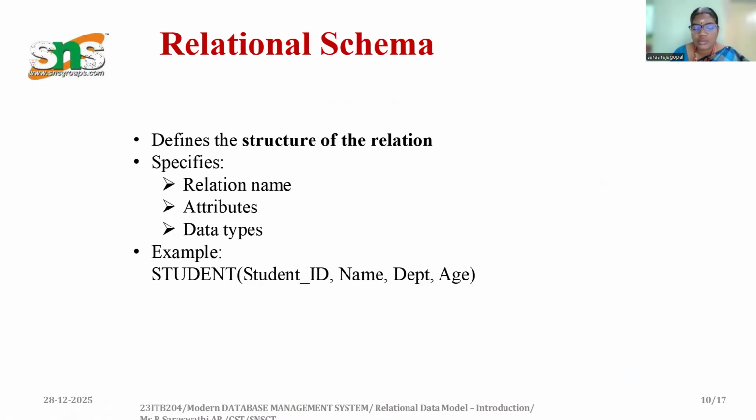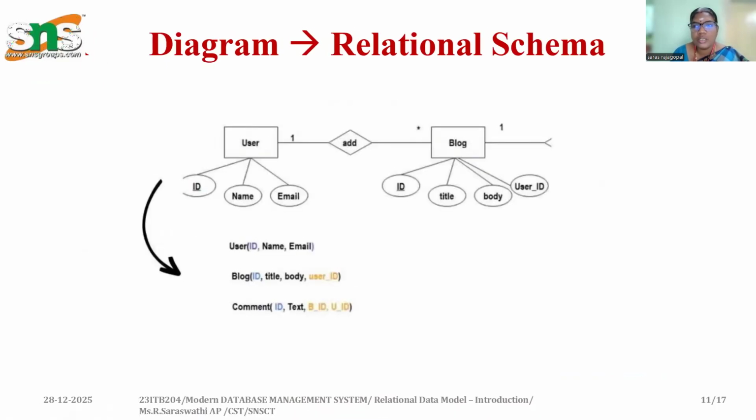The data types: student ID is an integer, name is a string, department is CSE, and age. Diagram of a relational schema: user and blog. The user has ID, name and email. The blog contains ID, title, body and user ID.